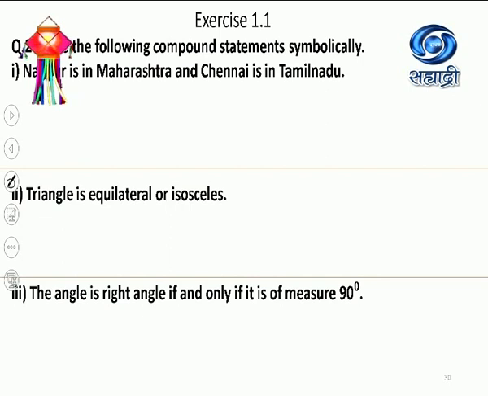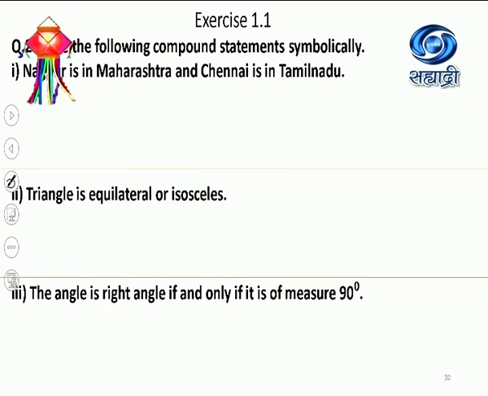In the first session, we just learned how a sentence is a statement by asking certain questions or knowing by default that it is a fact. Now we assume that given is a statement, and we convert the given compound statement, because now the connectives are used, and we write them symbolically. The question may come for 2 marks.